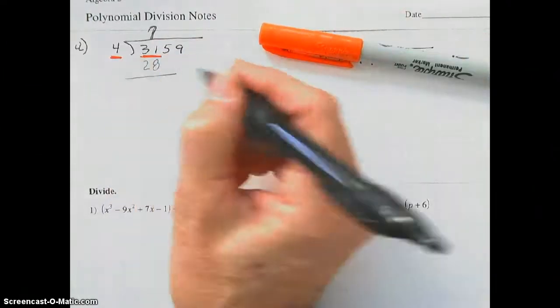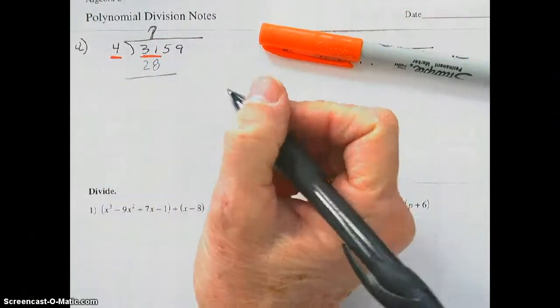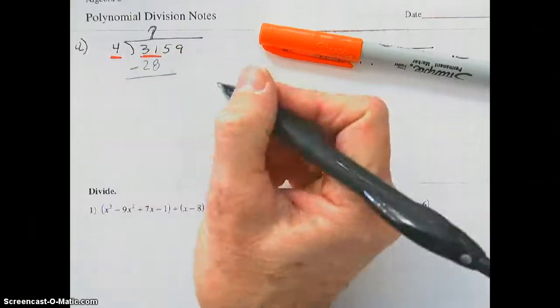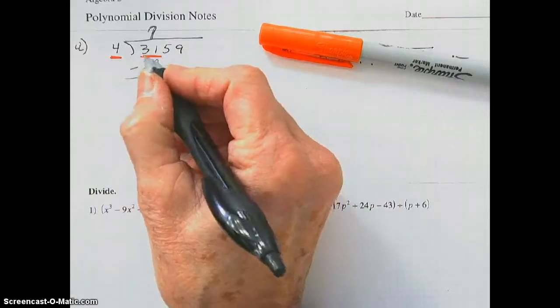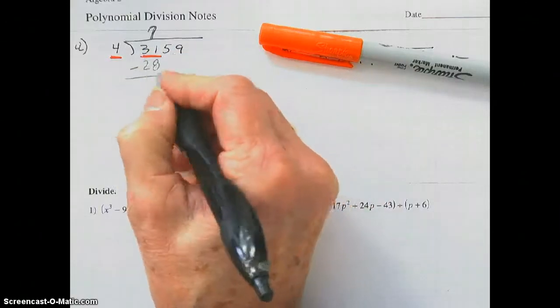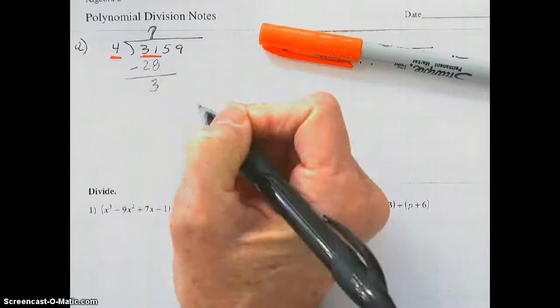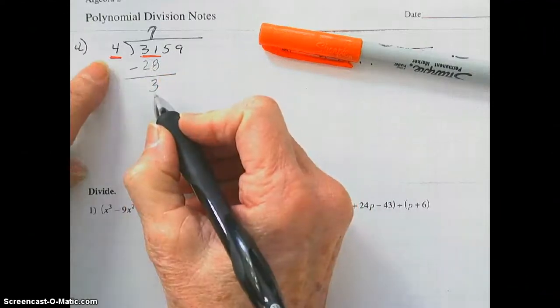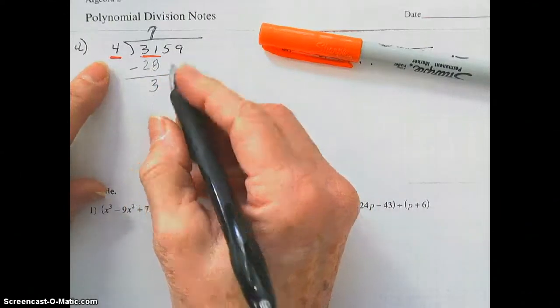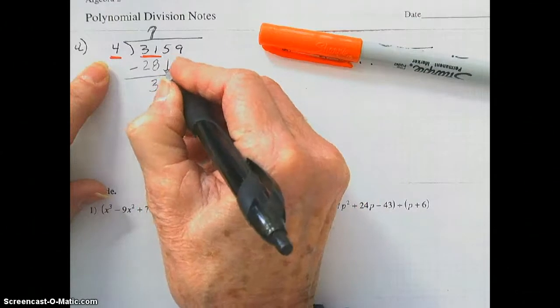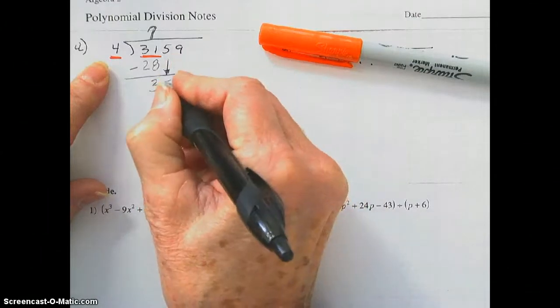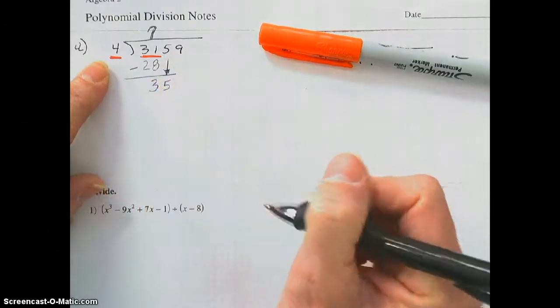Then you may or may not remember what we do next. So then we subtract. So when I try to subtract 31 minus 28, I will get a 3. This number should always be less than this number here. And then the process is to bring down the next number, and we get a 5, and we repeat that process.